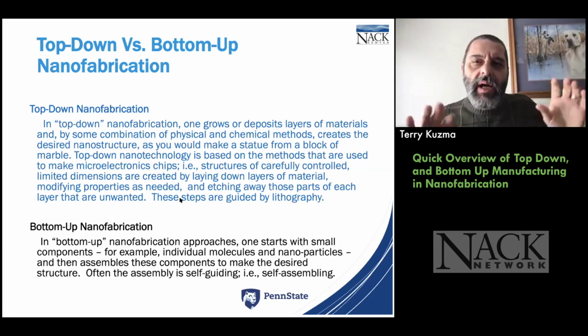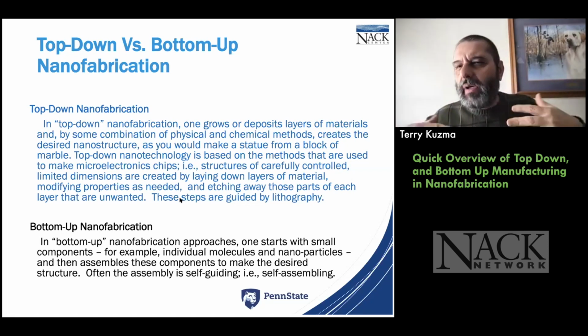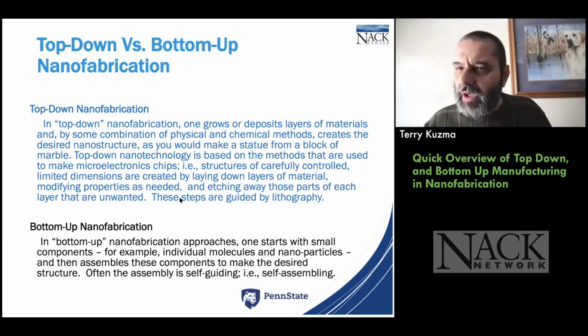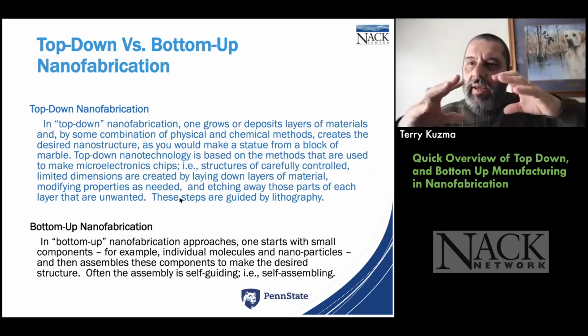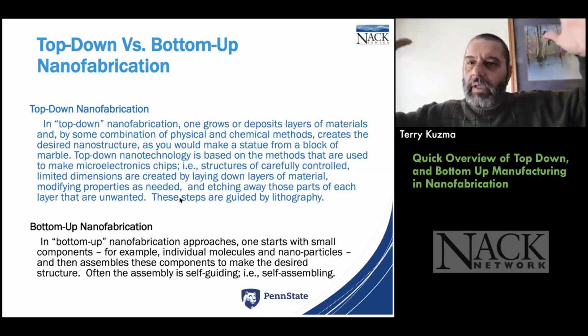So in my mind, they're different because of how they're manufactured, or the perspective of how we're forcing energy in, or how we're using energy allocations. In bottom up nanofabrication, we start with small components, such as individual molecules or nanoparticles, and then we allow these to assemble together and grow out.